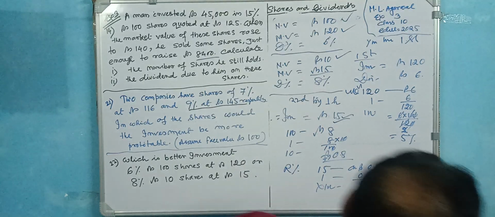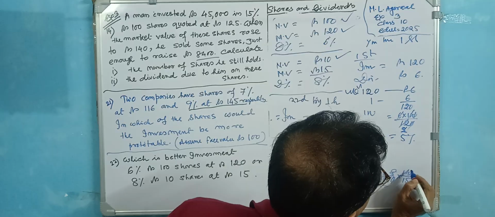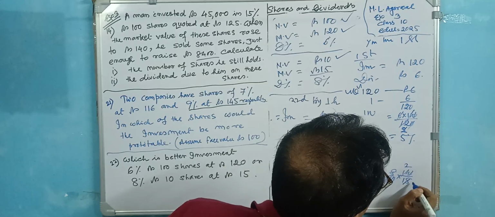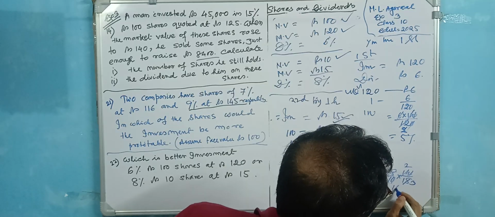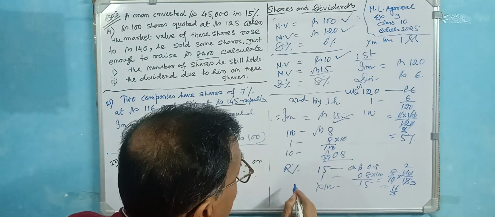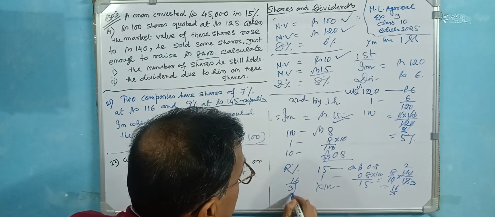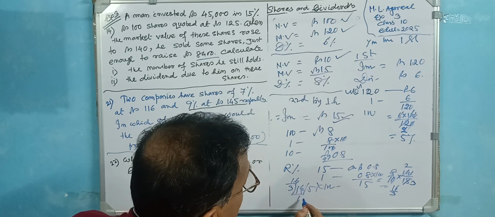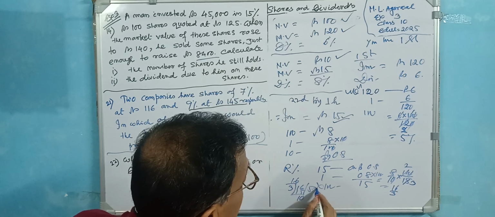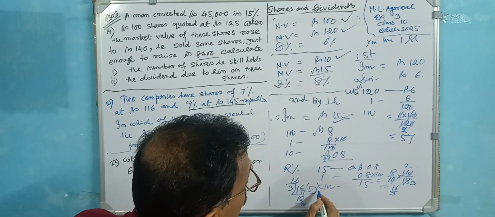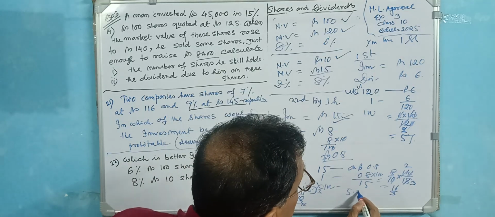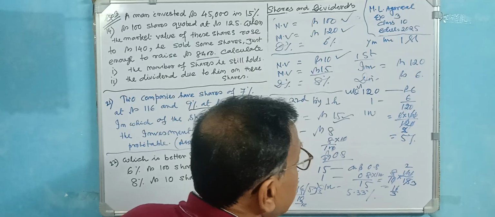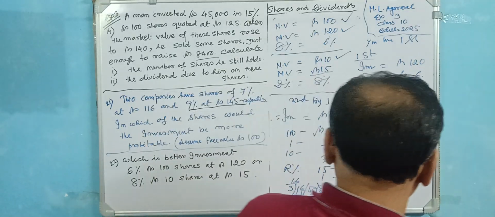This is 5, 2 and this is 3. 8 twos are 16, so 16 by 3. What is the percentage? 15, 1 point, this is 3, 9. So 5.33%. That is the percentage of return.